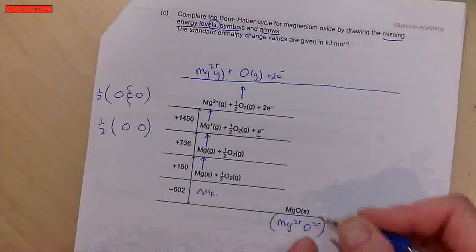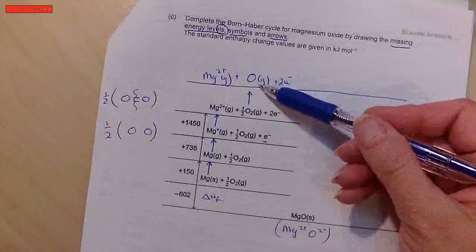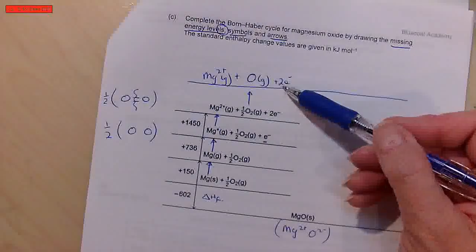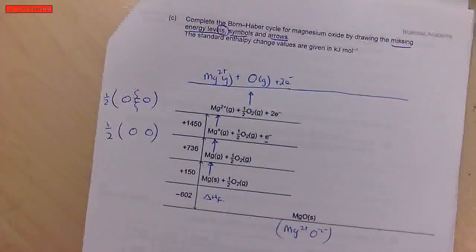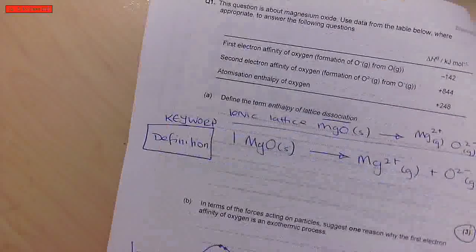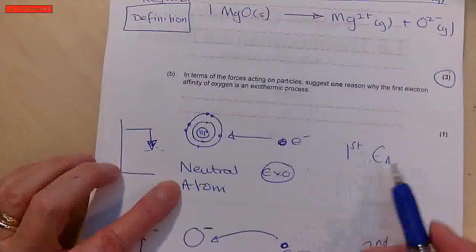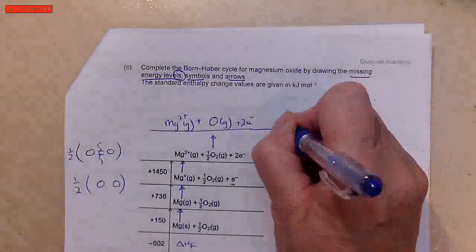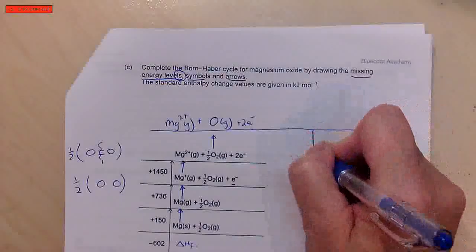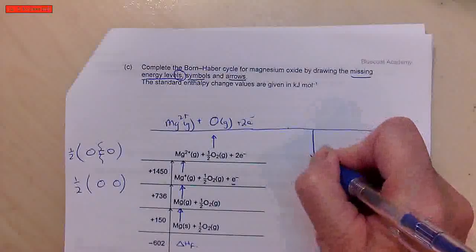Okay, now the next thing I need to do, because I'm making magnesium oxide here, that's Mg2+ O2-, I need to make sure I ionize the oxygen. So what does it do? It's going to capture one of these electrons, and we've just been told back here, we've had to explain why this is an exothermic process. So we need to reflect that on here. The exothermic process is going downwards.